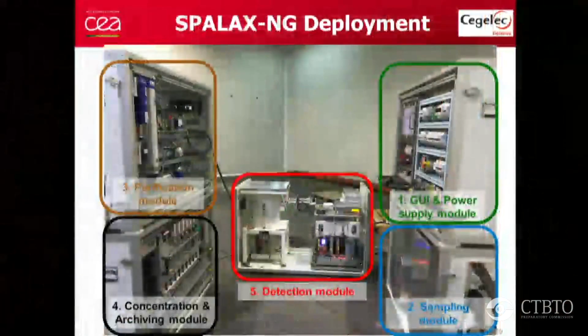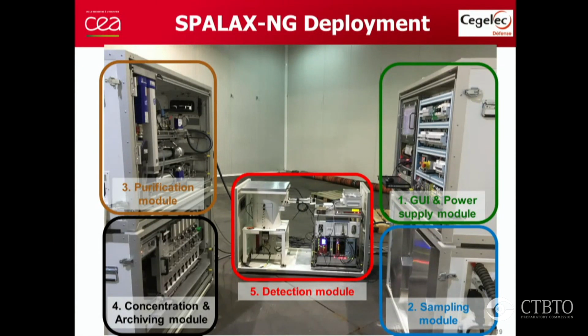And the last module is a detection module. And you can see here on the top of the detector the lead shield, a cosmic veto head to remove cosmic emission for the detection. And you have also here the electronic acquisition system linked with the detection.